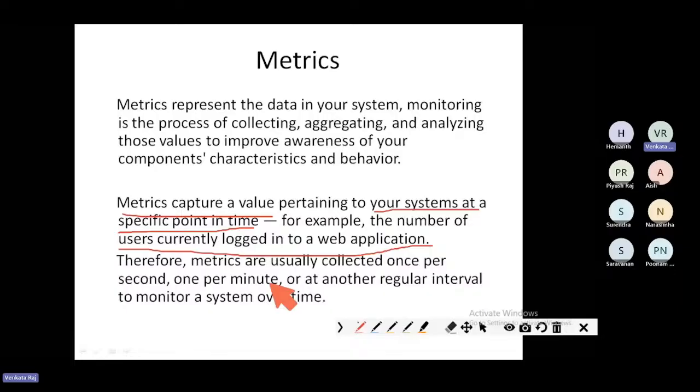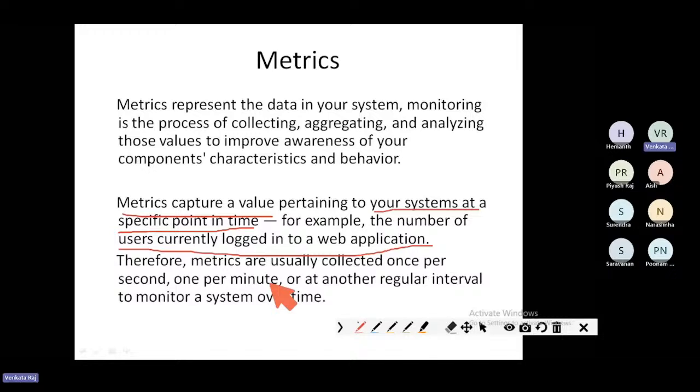Some might collect the data every second, some every minute, or at regular intervals, like every 15 minutes, every 5 minutes, every 1 hour. So metrics can be collected at different intervals, and they are configured so that at this particular interval I will need this metric.